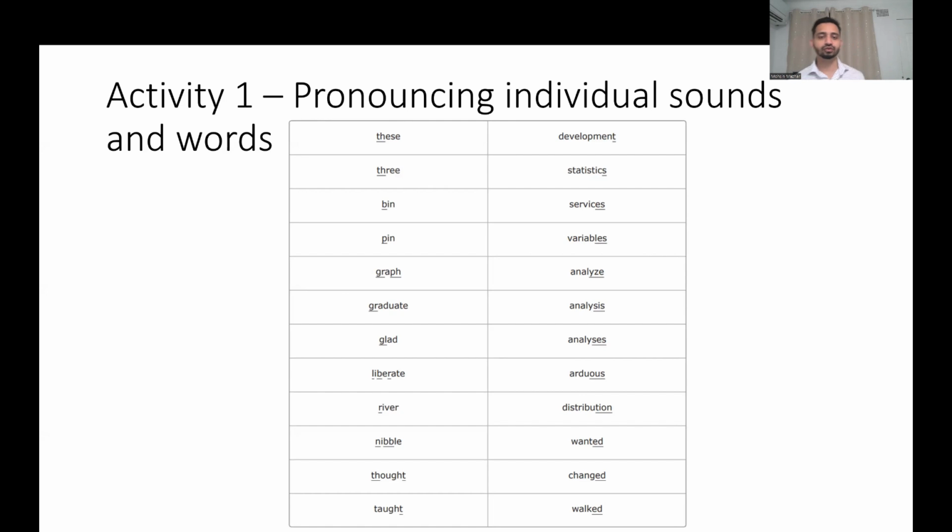All right. Some of these are past tenses, for example, "changed." You should know that we skip the E and we just say the D at the end. "Wanted" has the "id" sound, but "changed" doesn't have the "id" sound, you just say "changed." We're skipping the E, and "walked" as well.